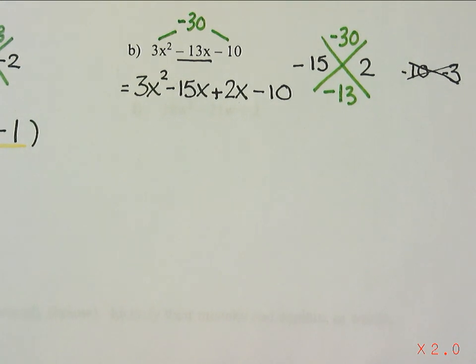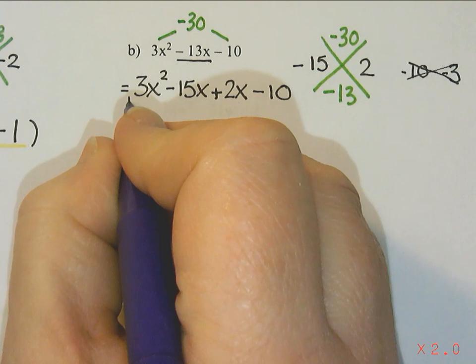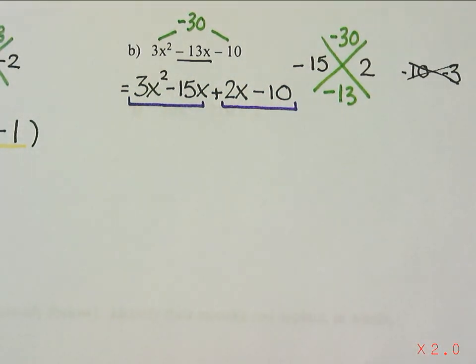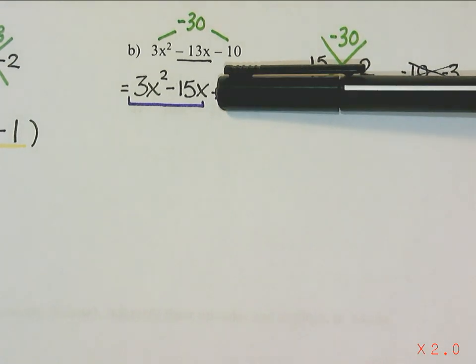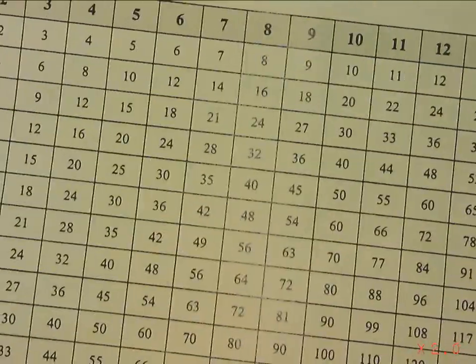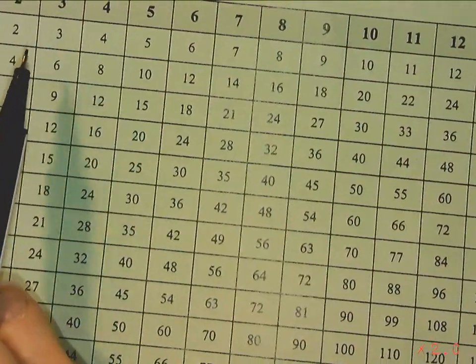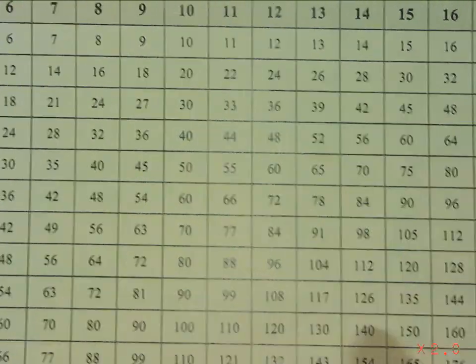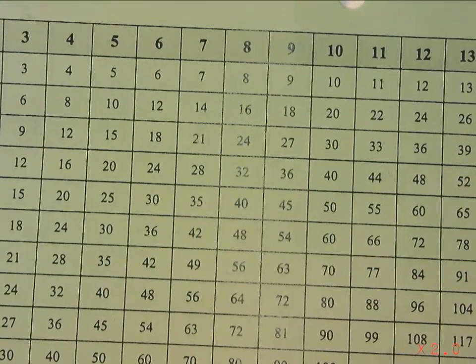Okay. From here, we are going to group. So first two terms and last two terms. I'm going to look and see what the first two terms have in common. So I'm going to look for 3 and 15 in the same row on my sheet. I do see that 3 and 15 both show up in the row for 1, so they divide by 1.